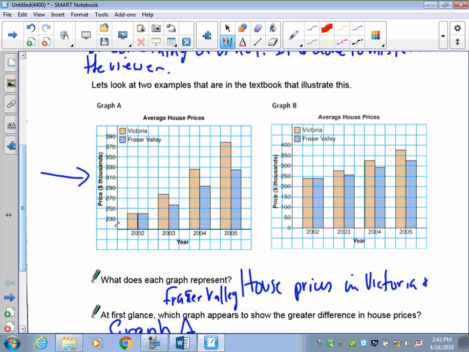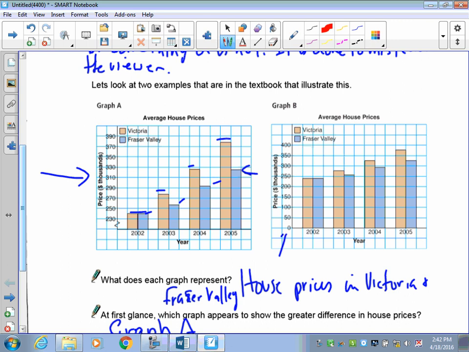If I wanted to buy a house, I would take a look here and see what's happening to the price values. Victoria's prices are going through the roof, so I should be shopping for a place where the prices are significantly lower. So I'm going to go to Fraser Valley. Now, if you wanted to show that there's no real big difference between them, then you'd start at 0.